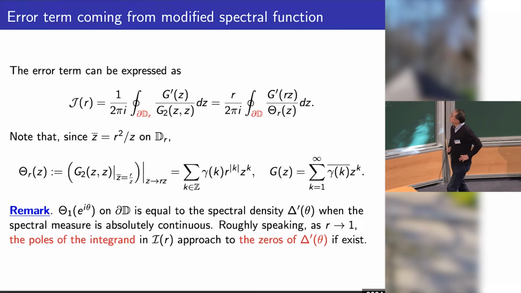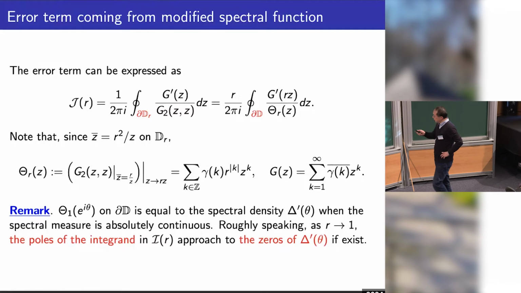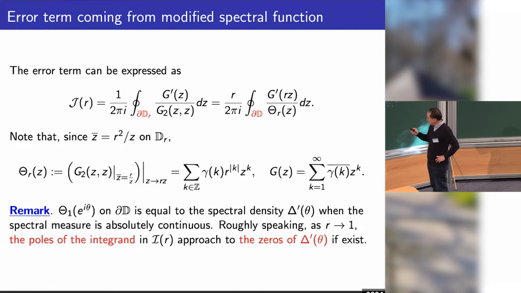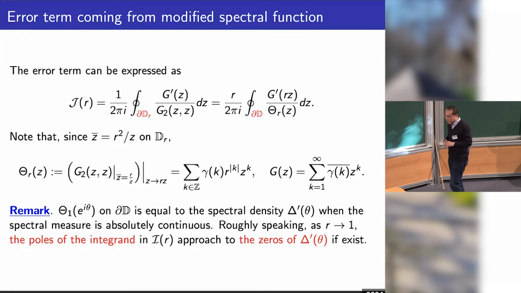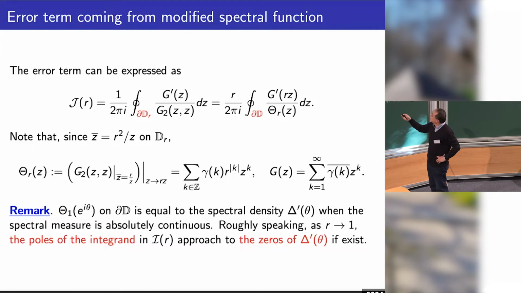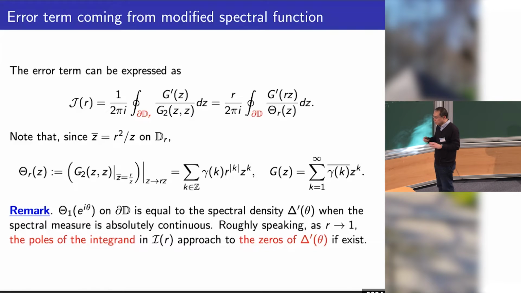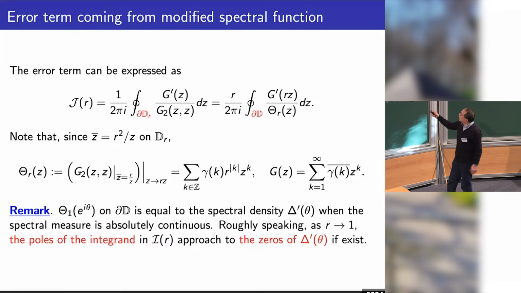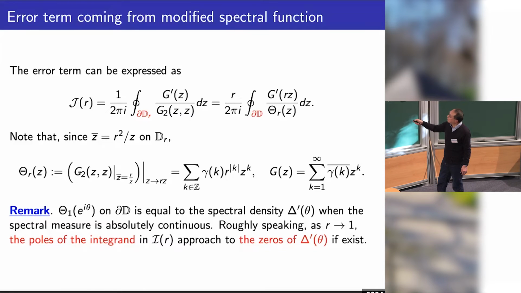Yeah, and the error term is very closely related to the spectral measure, so I want to look at that part. And here, this is the error term. Usually, as you consider the residual analysis, you can consider the poles of this integrand. Here we are considering the disk of radius r, but we just do a change of variable. Then you will get another similar function, called theta r here, and it is something like this.